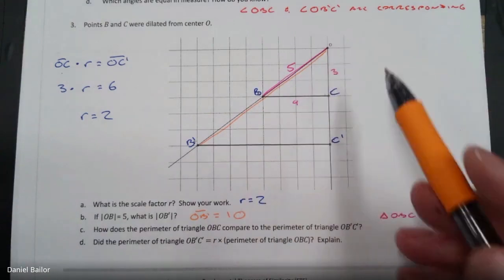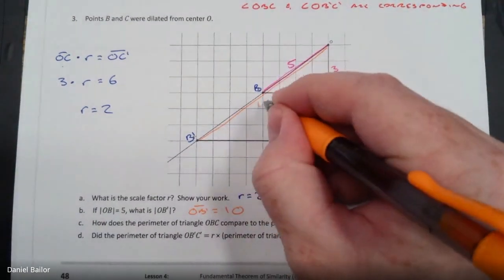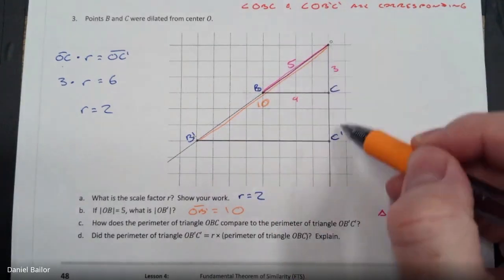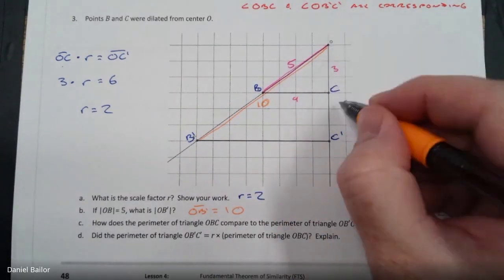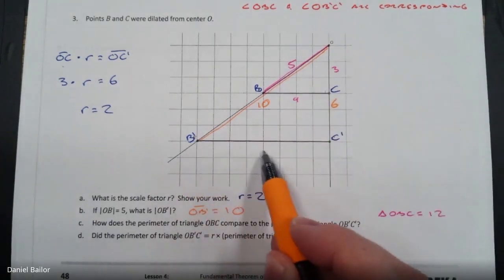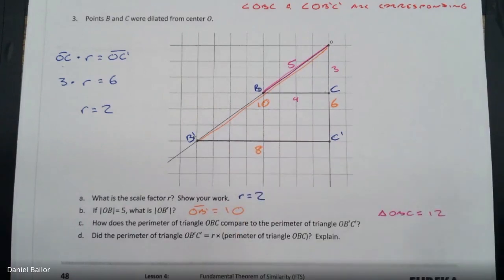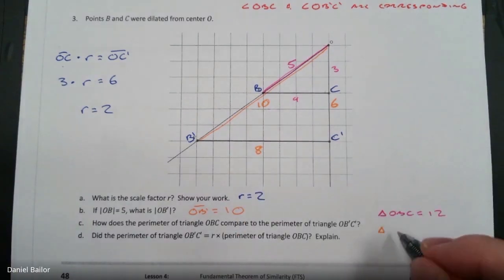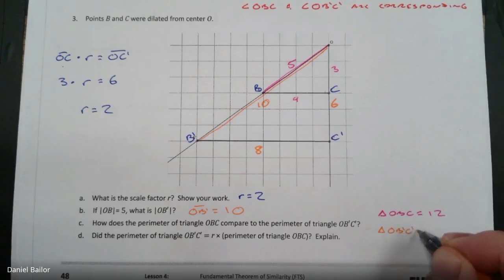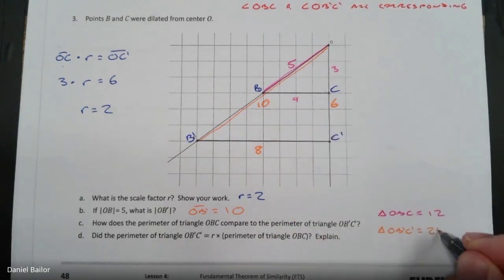Now the new triangle, the one that we dilated: OB prime, remember, is 10. OC prime we measured is 6. B prime C prime, this bottom part here, is 8. So the triangle OB prime C prime is 10 plus 6 plus 8, which is 24.